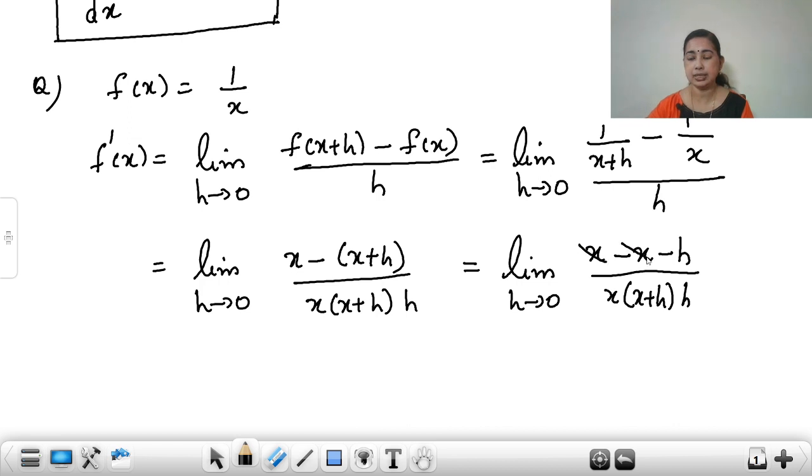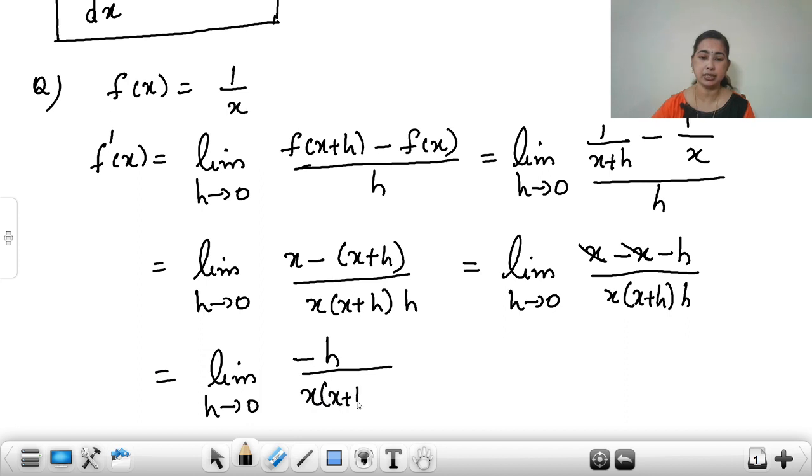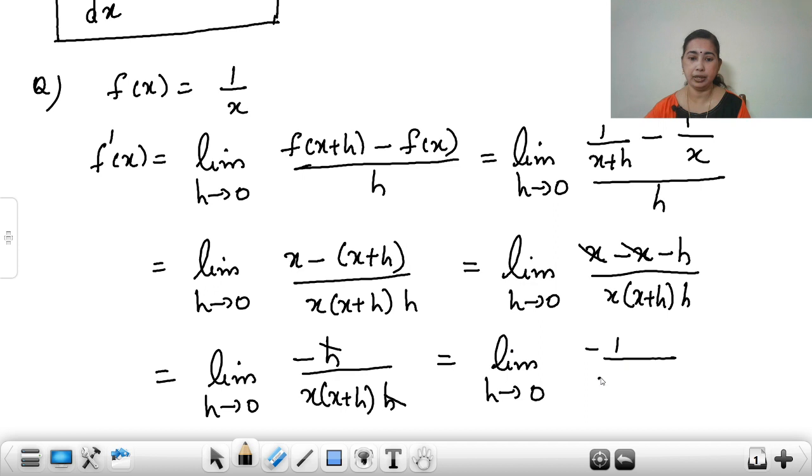x and minus x get cancelled, remaining the limit as h tends to 0 of -h by x into (x + h) into h. You can see here in the numerator and denominator h is common, that can be cancelled. Remaining the limit as h tends to 0 of -1 by x into (x + h).